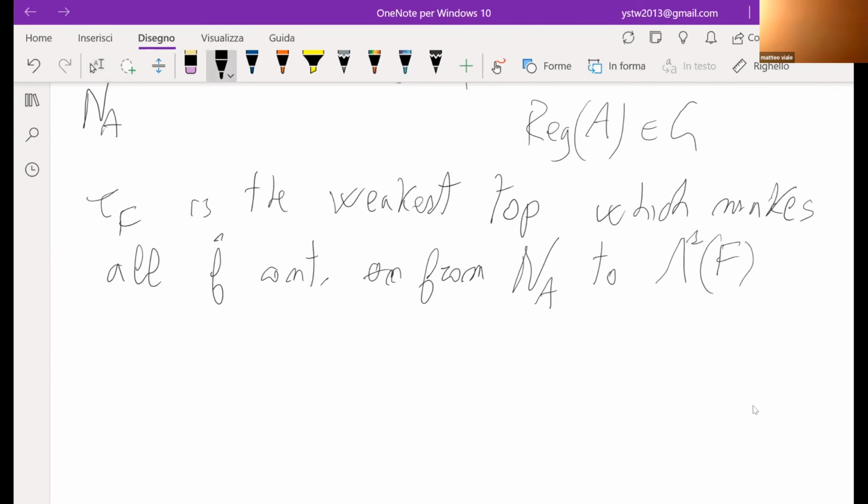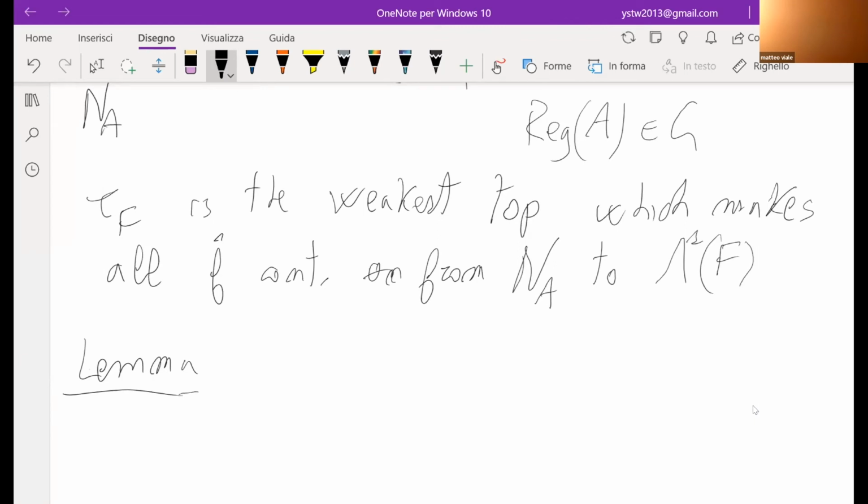What happens with respect to the standard sheafification with respect to the subtopology? Well, the standard sheafification in general does not give a Hausdorff topology on lambda 1 F, while in this case, since we have all this zero dimensionality popping in, we get Hausdorff.